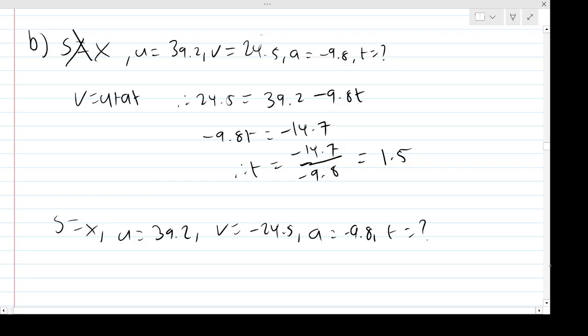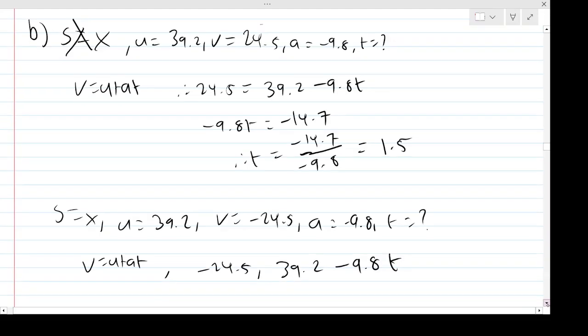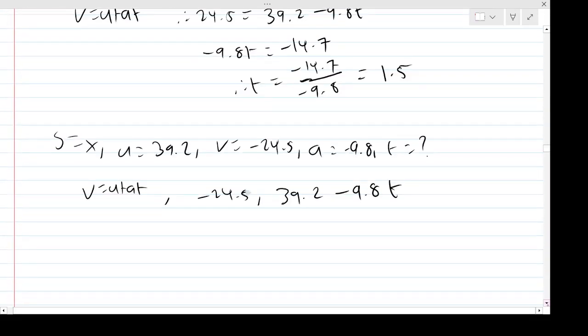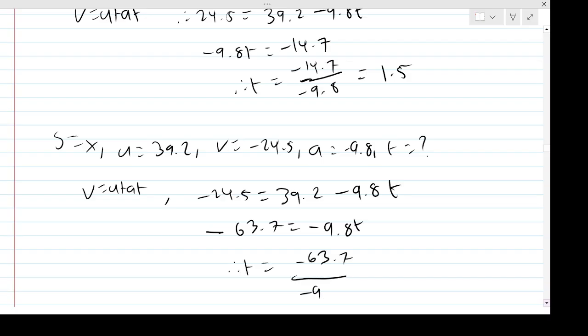So if we do the exact same formula, V is U plus AT, you're going to get minus 24.5 is 39.2 minus 9.8 of T. Then if you do minus 24.5 minus 39.2, you get minus 63.7, which equals minus 9.8 T. So T is minus 63.7 divided by minus 9.8, and that gets me 6.5.